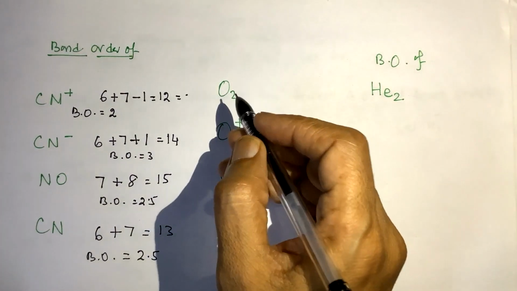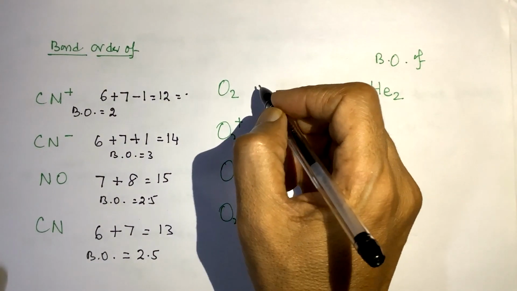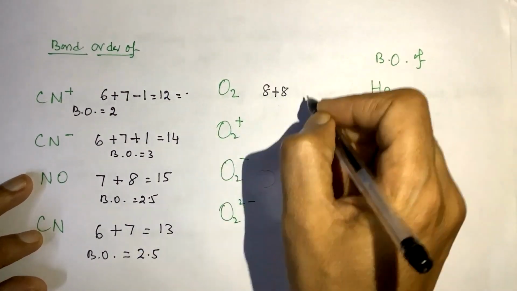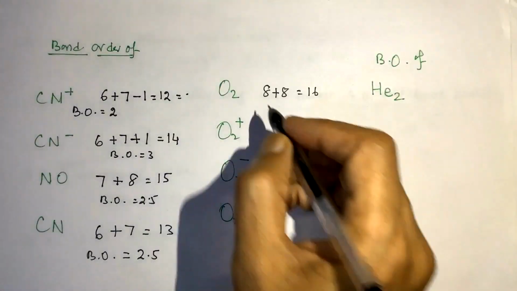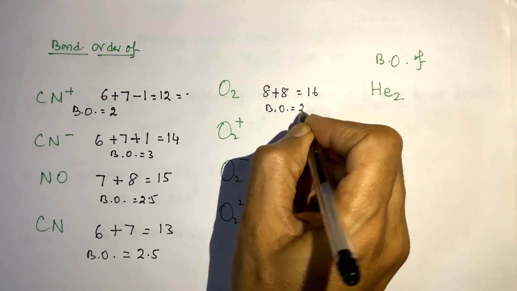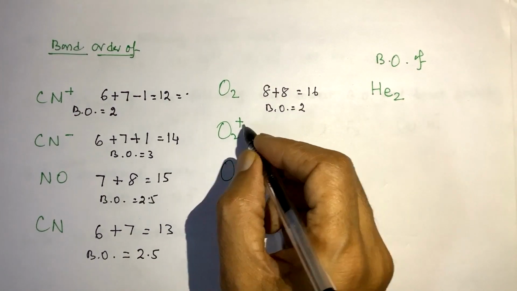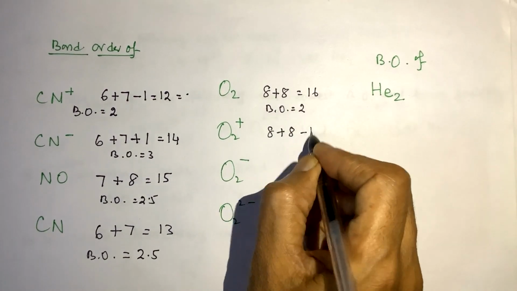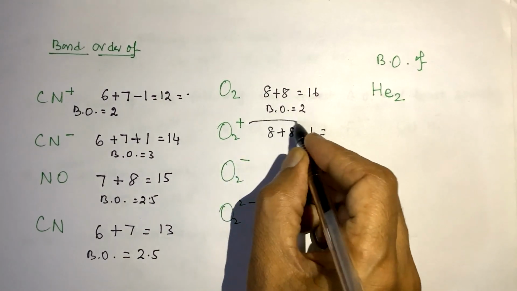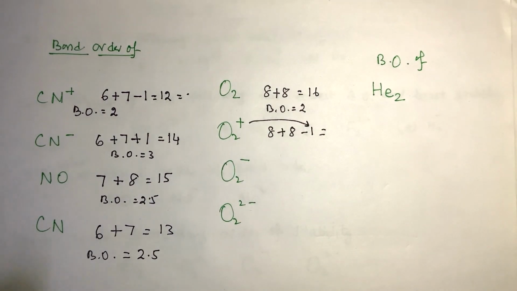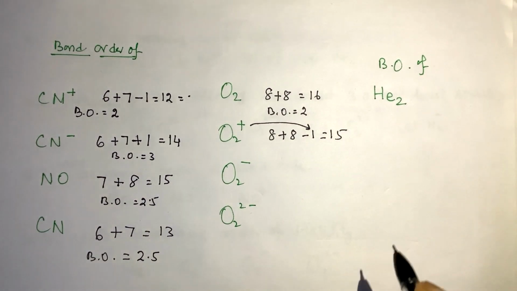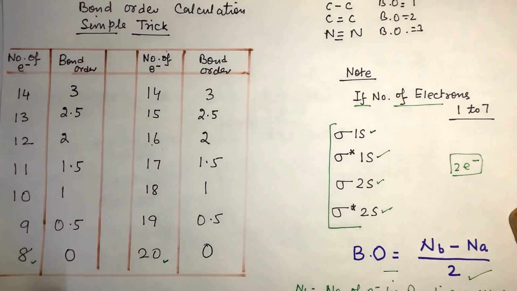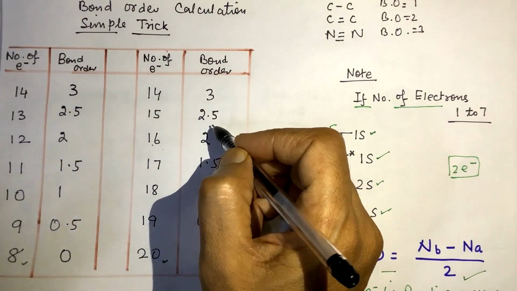Again we can calculate O2. 8 plus 8, number of electrons is 16, and corresponding to 16 the bond order is 2. Here bond order is 2. Now O2 plus: for plus charge, 1 is taken away, 16 minus 1 is 15, and for 15 again we can refer to the table, and it is 2.5.